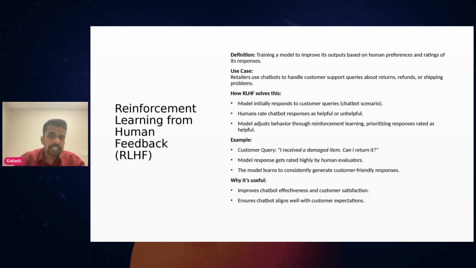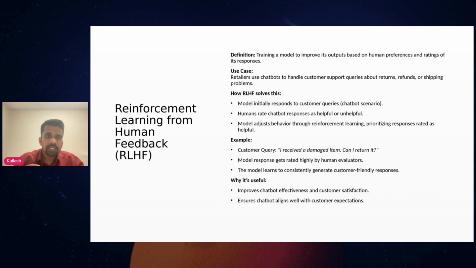The next one is reinforcement learning from human feedback. Here, we train the model to improve its output based on the human preferences and ratings of its responses. So here, retailers use chatbots to handle customer support queries from returns, refunds, and shipping problems.